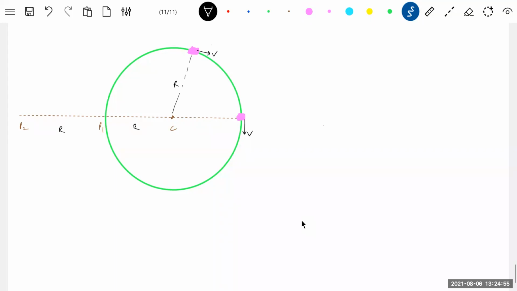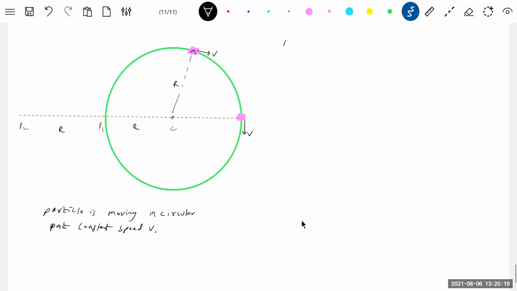Actually what happened, the particle is moving in a circular path with constant speed v. There's a condition.